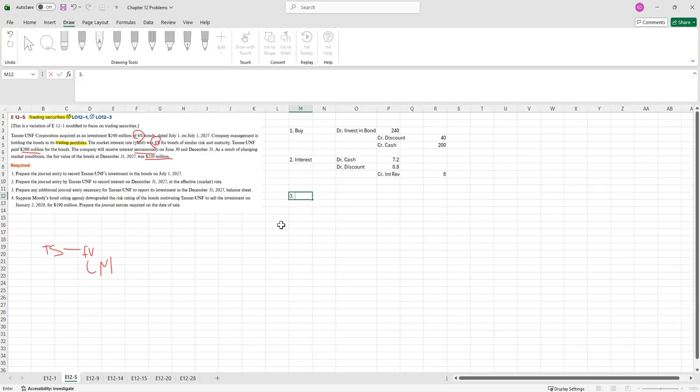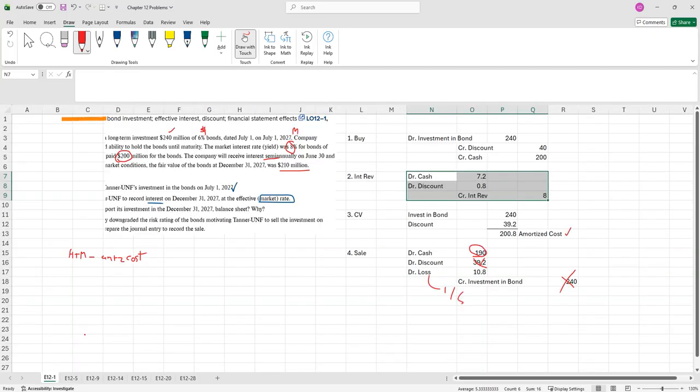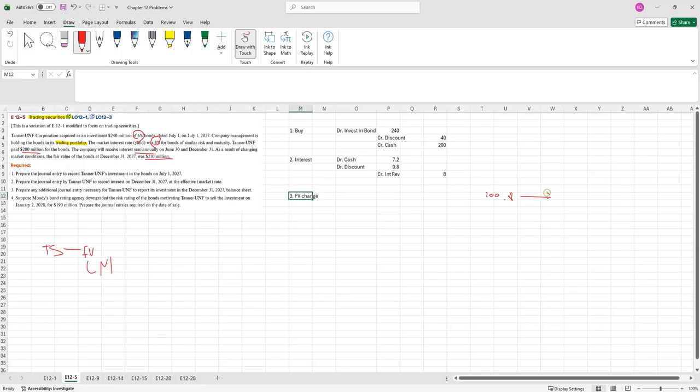But for here, 3, we have to consider the fair value change. So what is going on? Essentially, as we have here, our carrying value is going to be 200.8. We did that math over here. However, the bond in this situation, the fair value at this point in time has gone to 210.